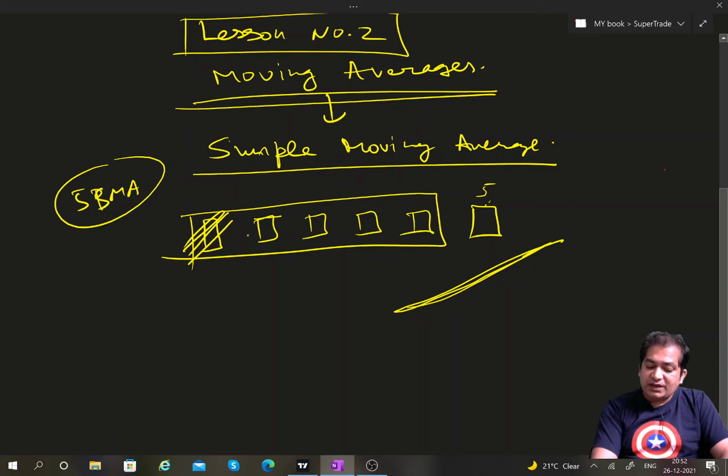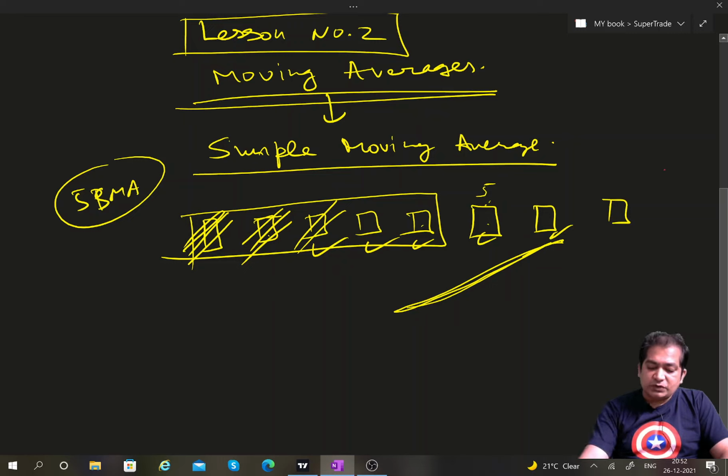So now your second candle will become your first candle: 1, 2, 3, 4, 5, and you will get a moving average line. Again, when a new candle is formed, this candle's value will be gone, and the average will include the values of these 5 candles. Again, when a new candle is formed, this candle is gone, because I've used a 5-period moving average.